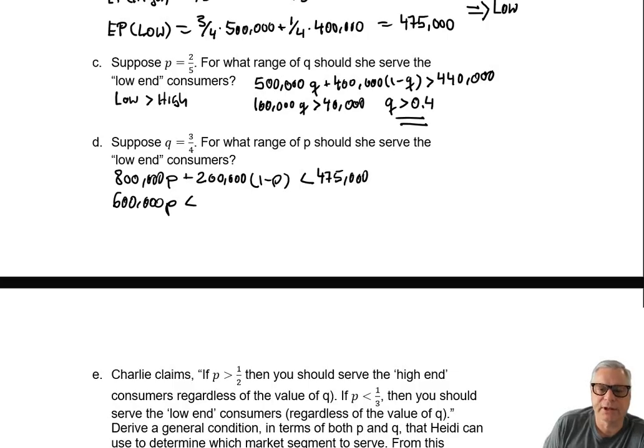So on the right-hand side, we get 475,000 minus 200,000, which leaves us with 275,000.